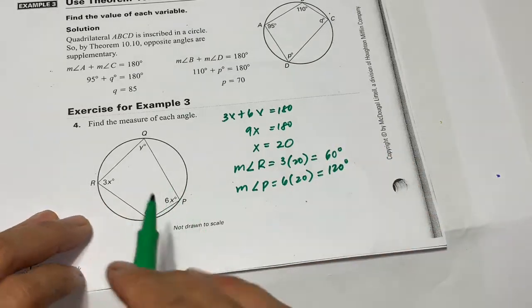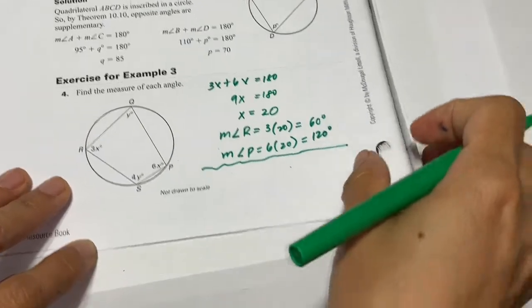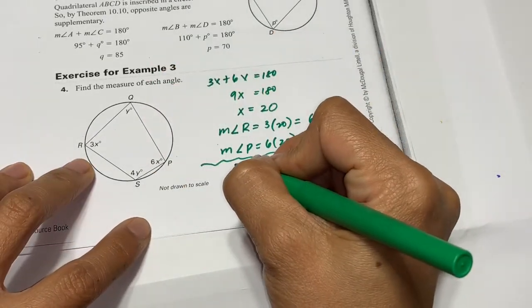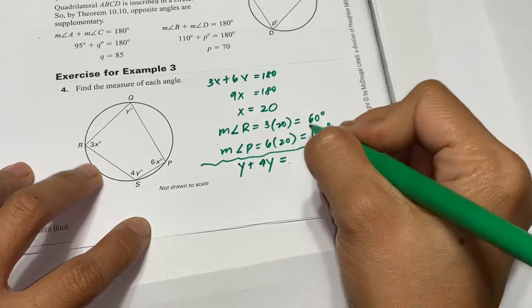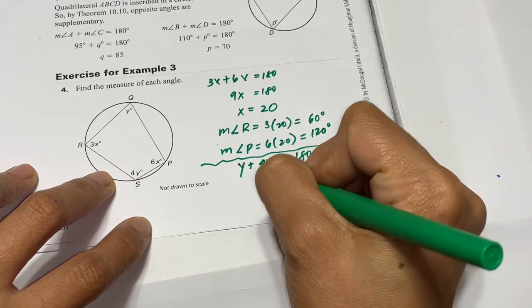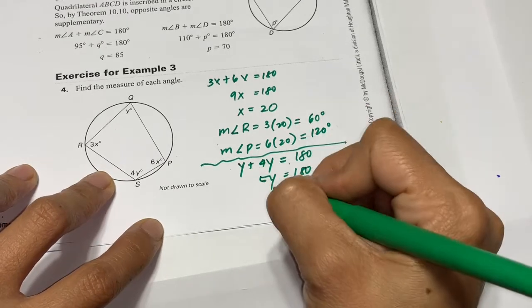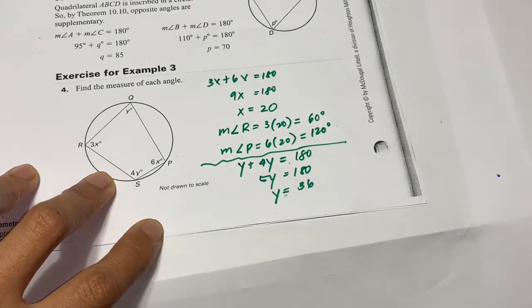Okay, and now we're going to do Y. So Y plus 4y equals 180. That's 5y equals 180. Y equals 36.